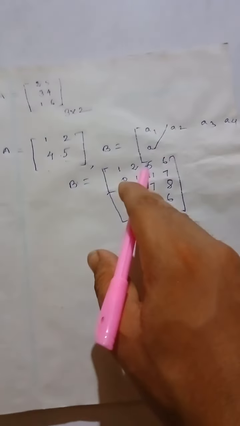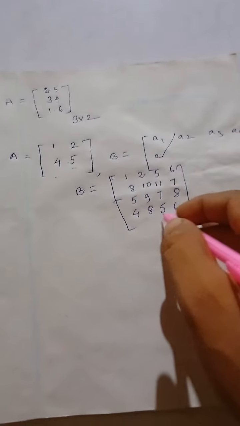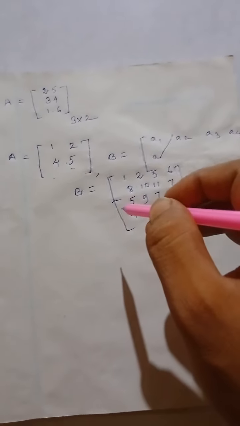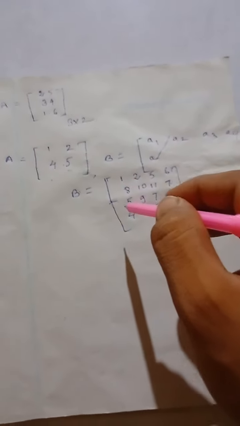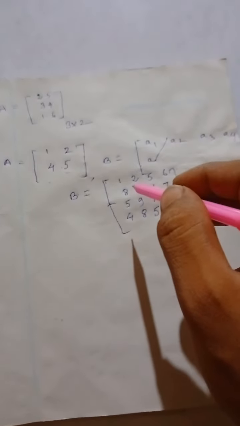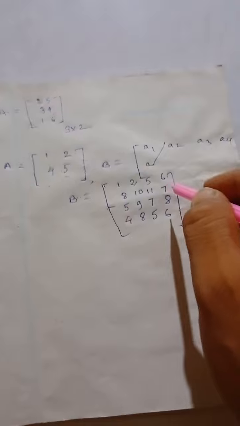And also matrix B 1 2 5 6 8 10 11 7 5 9 7 8 4 8 5 6. Here number of rows 1 2 3 4, 4, and columns 1 2 3 4.